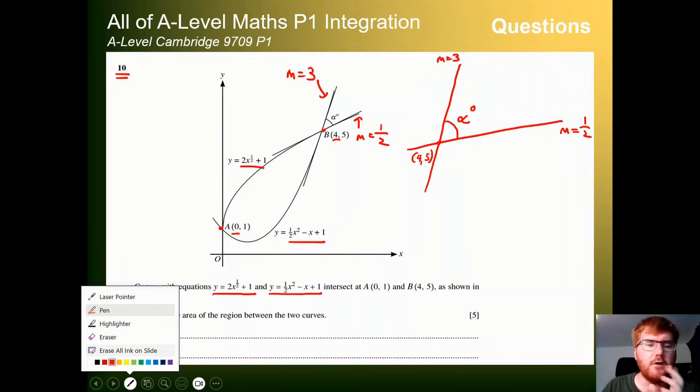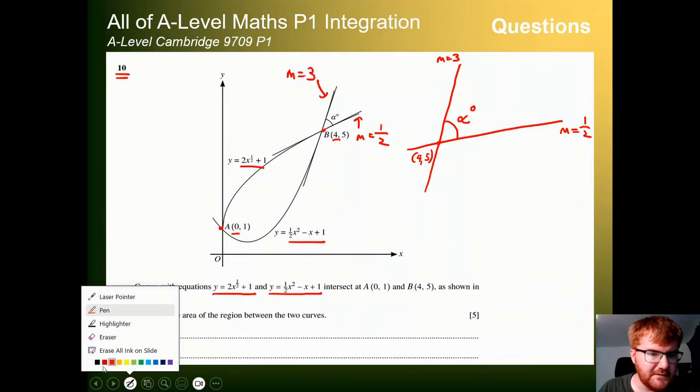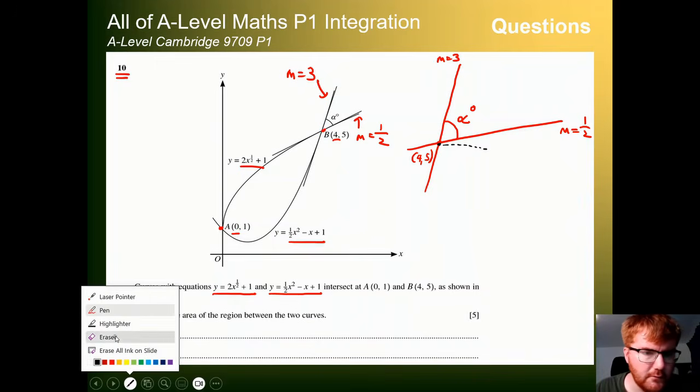Okay, let's think about what a gradient actually means here. So if I get a different color, we can see this a bit better. Let's do this in black. All a gradient means is, as I go one along, how much do we go upwards? So I'm going to take this as an arbitrary, as I go one along. Let's go not so far along.